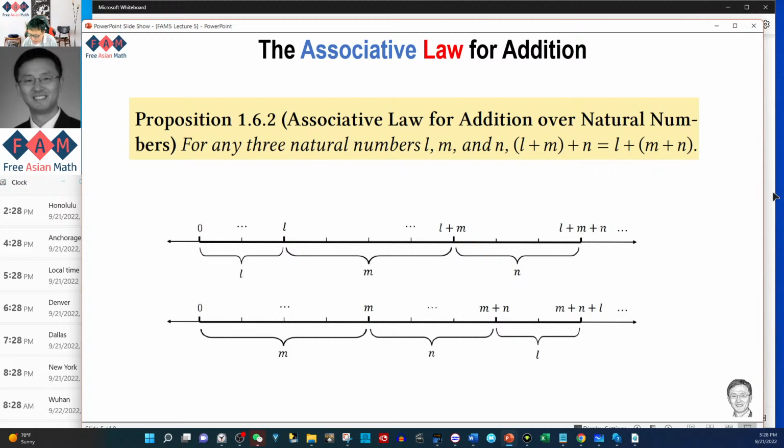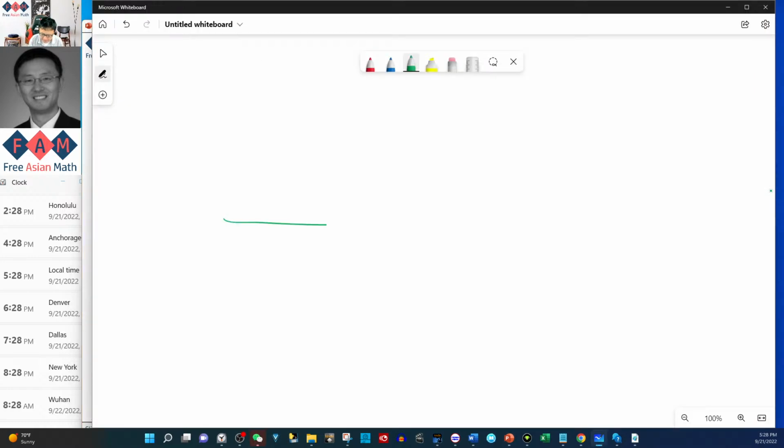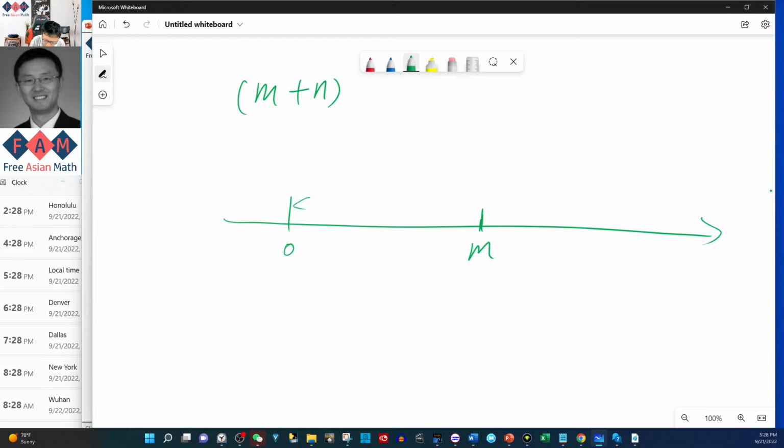So by our definition on the number line, if you want to get M plus N first, you have to start with 0, get to the point of M. That's our first line segment, which is 0 to M. Then you count forward N. So this is M to M plus N.